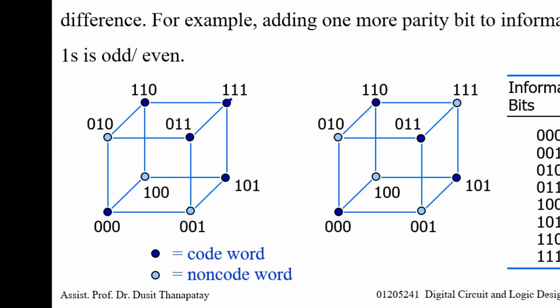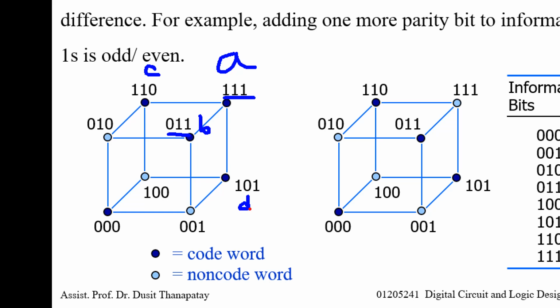If I use, for example, 111 to represent A, 011 to represent B, 110 to represent C, and this one is D, like the answers for a multiple choice problem.